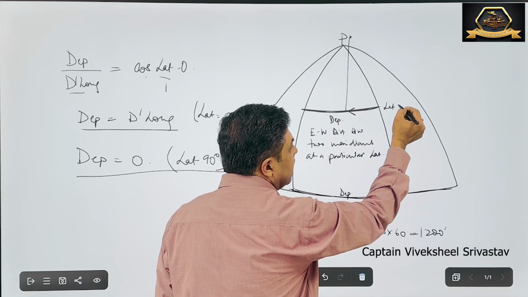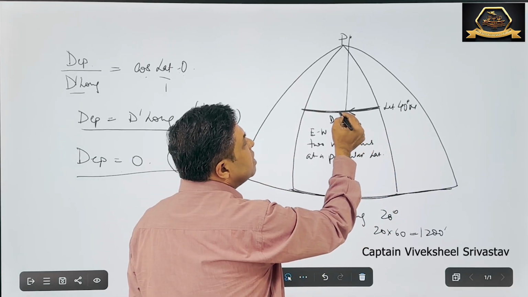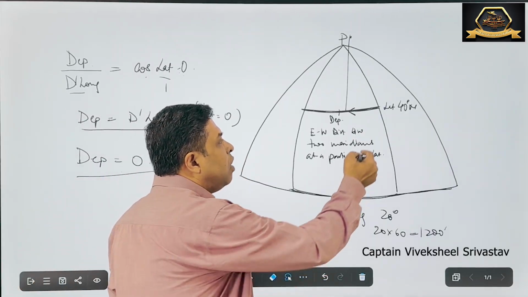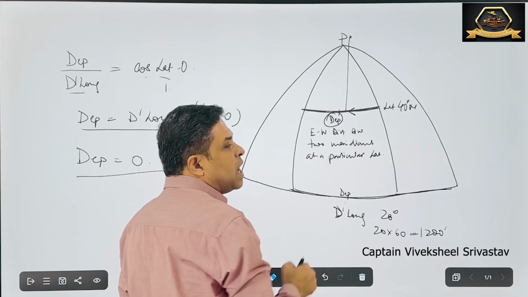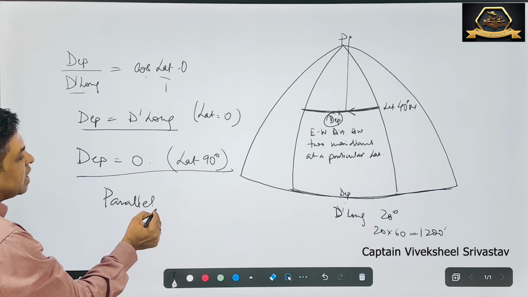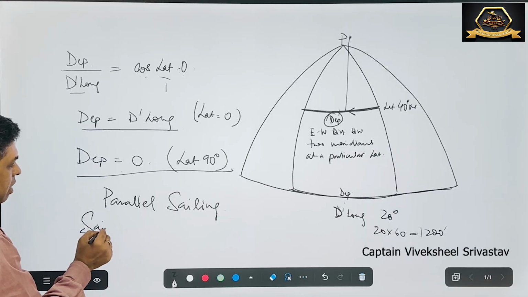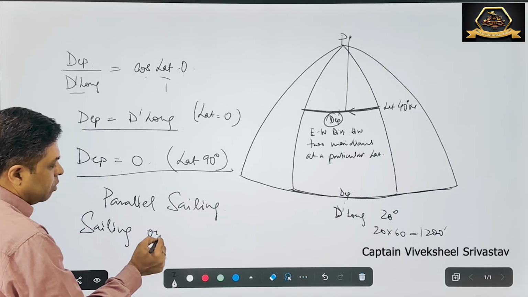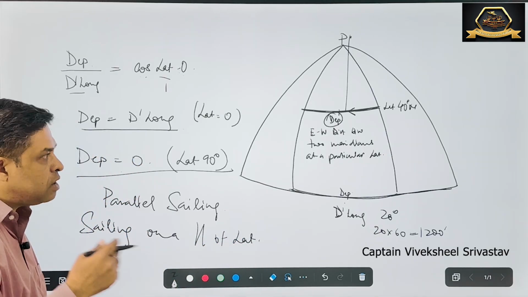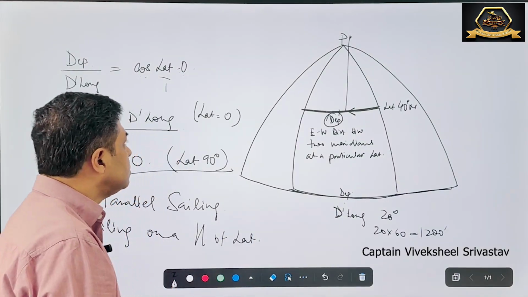For example, they are sailing at latitude 40 degrees north. They will just sail on this latitude and measure their distances, and the distance sailed on that particular latitude is the departure. So departure is used in parallel sailing. Parallel sailing is nothing but sailing on a parallel of latitude. When you go east-west on a parallel of latitude, that is parallel sailing, and the distances are nothing but departure on that latitude.